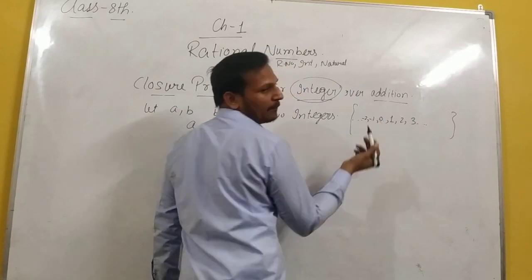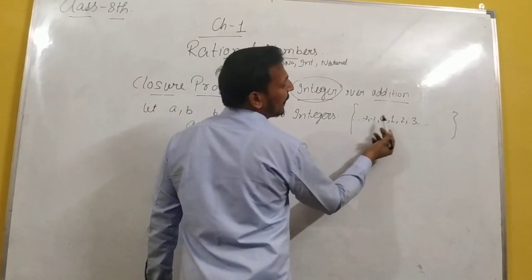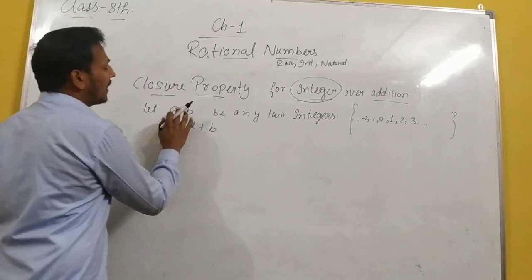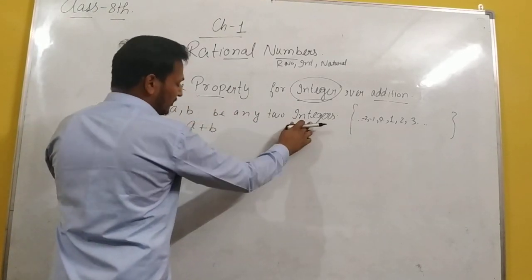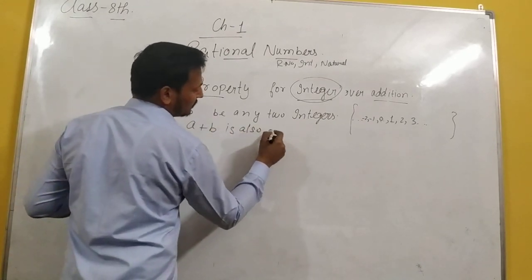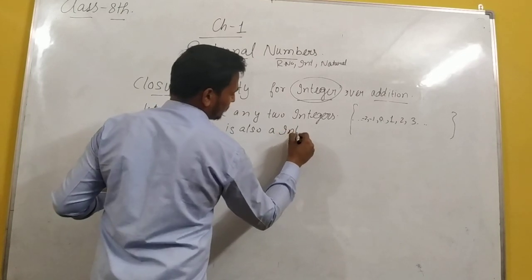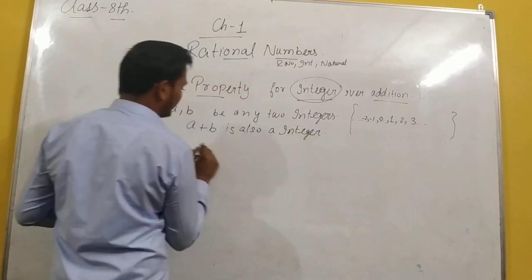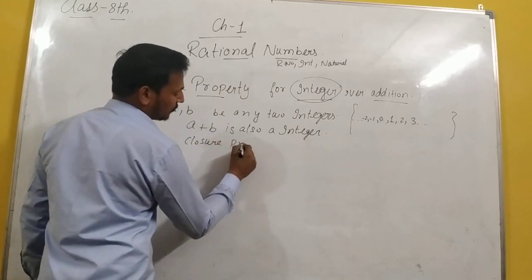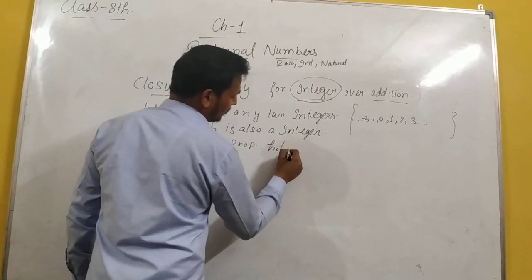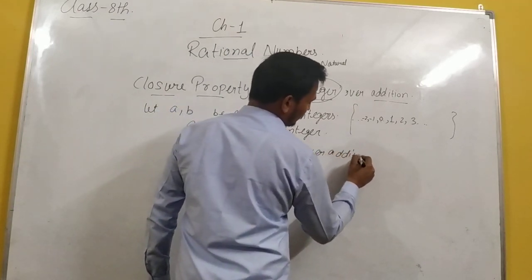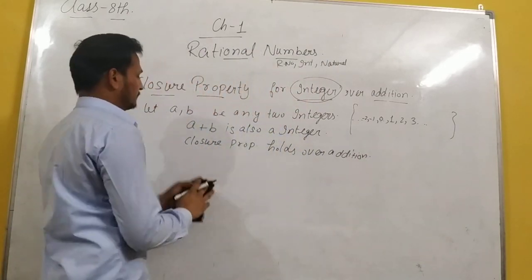Minus 1 plus 0 is minus 1, an integer. Minus 2 plus 1 is minus 1, an integer. So if A and B are integers, then their addition is also an integer. That means closure property holds over addition. Clear?